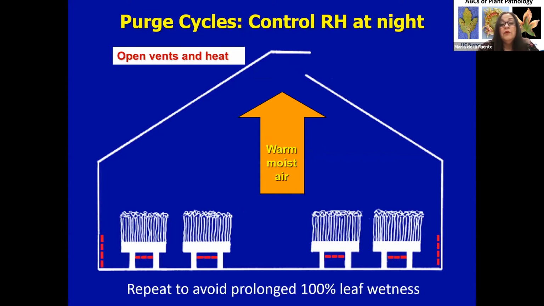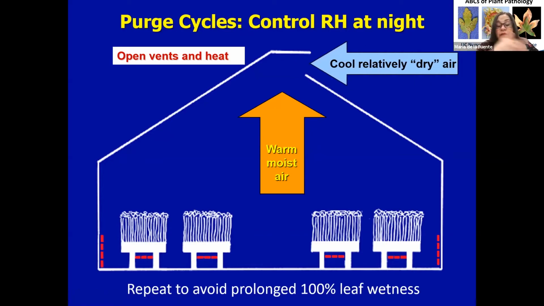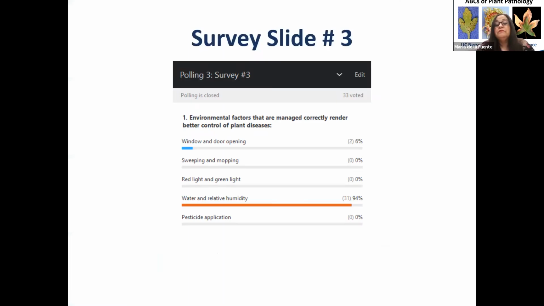Remember, the warm and moist air tends to go up and escape, so don't keep it closed. So let the cool, relatively dry air come in and help you with the diffusion of the problem.